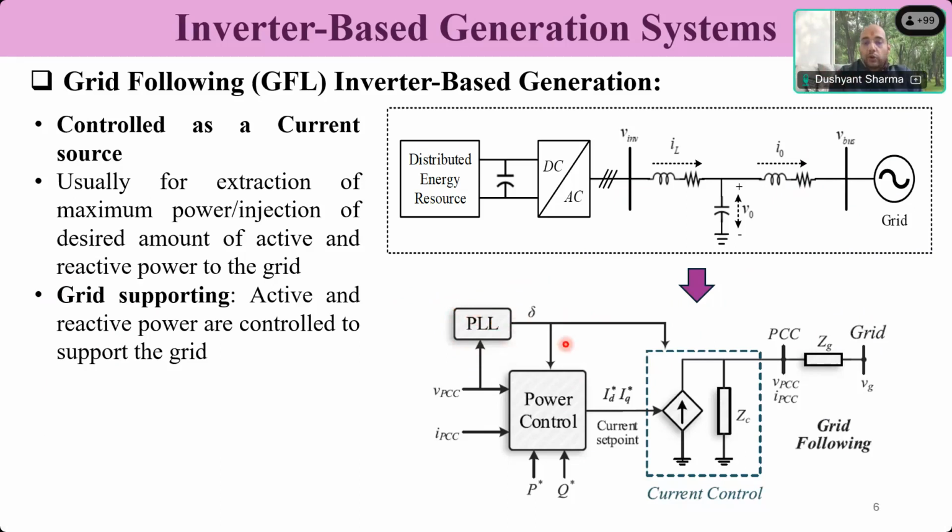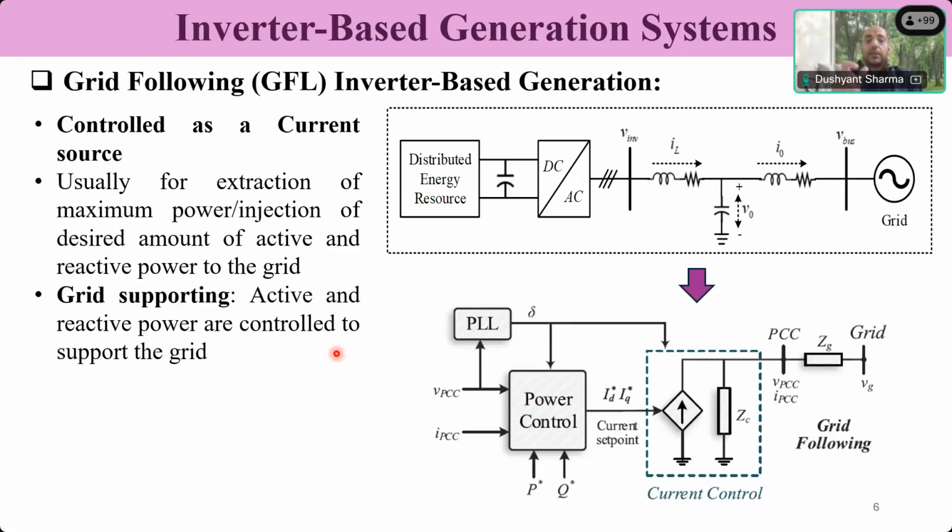Then from this output we know the bus voltage angle. So we have to inject a current which can either be in the same phase, or lagging, or leading, depending on the active and reactive power set point that we want.